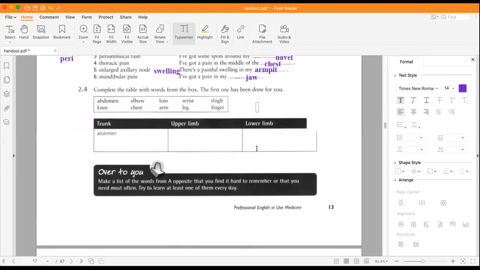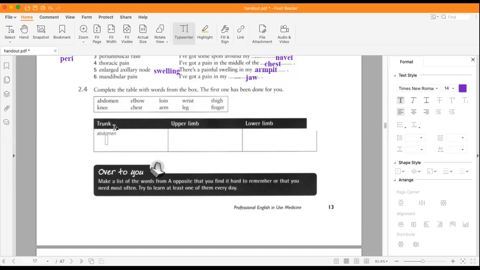All right, let's move to number 4. Complete the table with words from the box. The first one has been done for you. For example, we have the trunk, upper limb, and lower limb. As we have said, upper limb means arm and lower limb is leg.